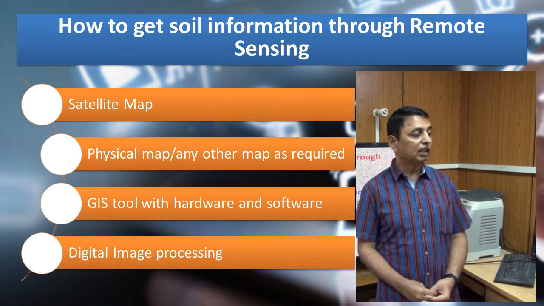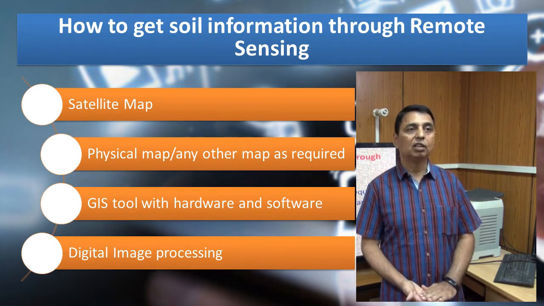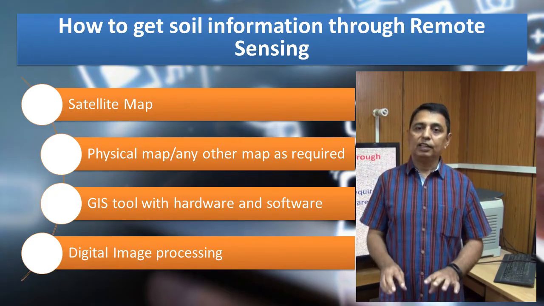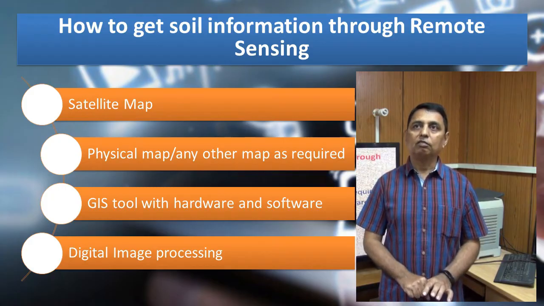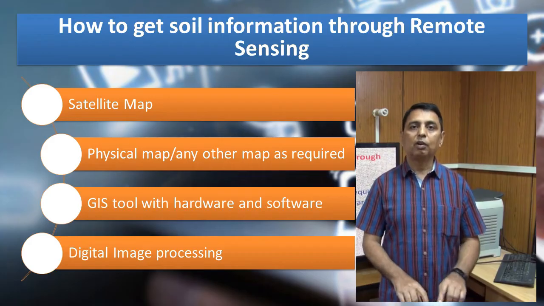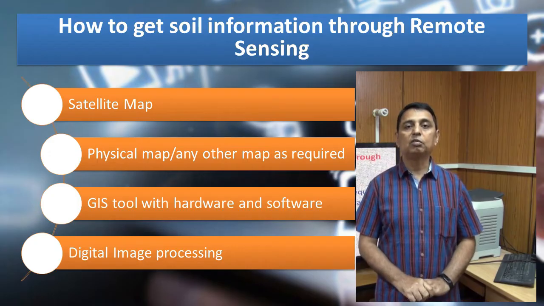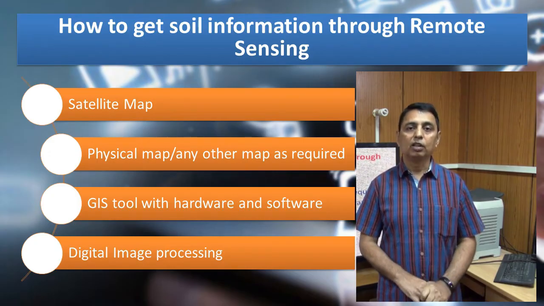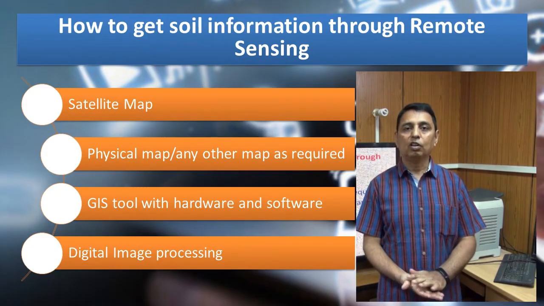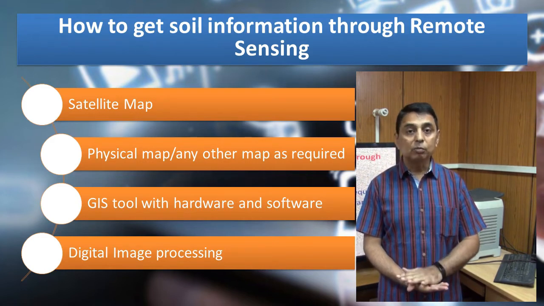A physical map or any other map is required for overlapping on the satellite map, because in the digital map we cannot see the boundary of your city, state or country. These cannot be visible on the satellite map.